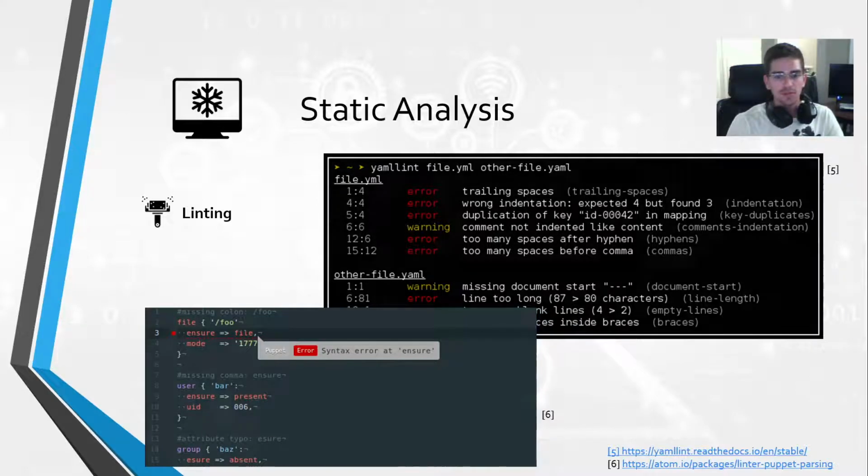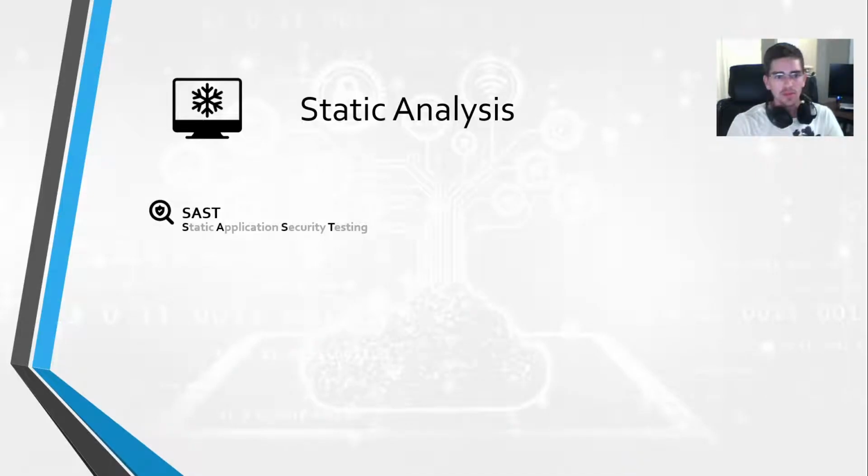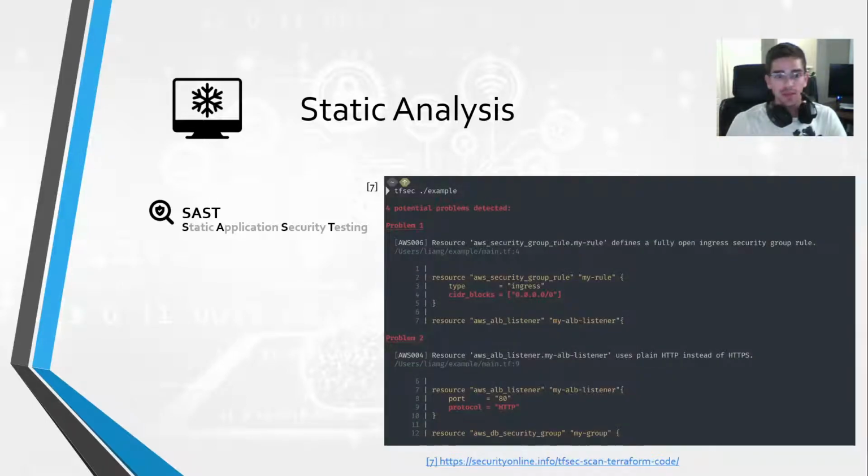And that's just a type of static analysis. Then we get into a bit more intricate types of tools, such as TFSec or Terraform Security. This is a type of static application security testing, which will look over your configuration that you've designed, and it pulls in a library of best practices rules.